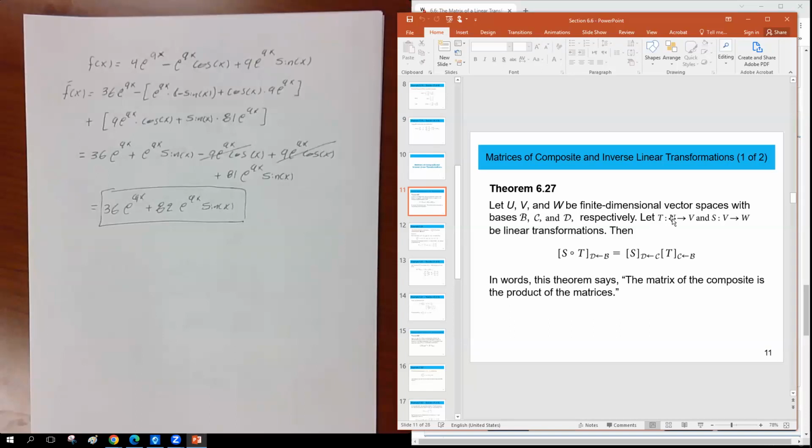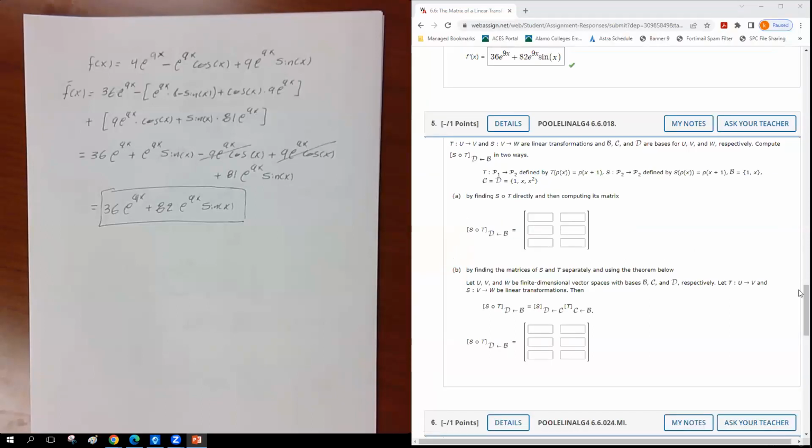Let T be a transformation from U to V and S a transformation from V to W. Then the matrix of S composite with T from the base B to the base D is going to be the matrix of S from C to D times the matrix of T from B to C. So let's check that by using this theorem, and we're going to do example number 5.